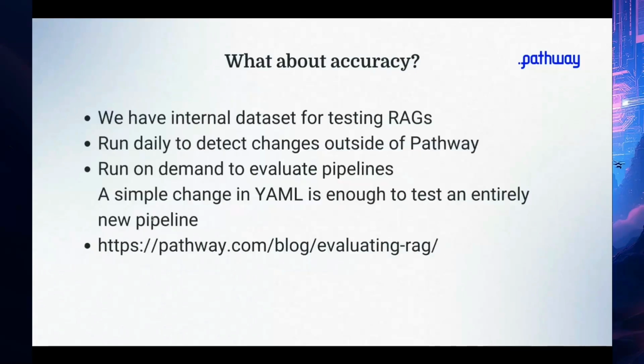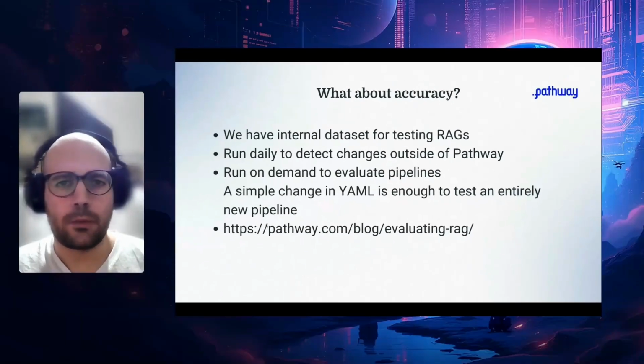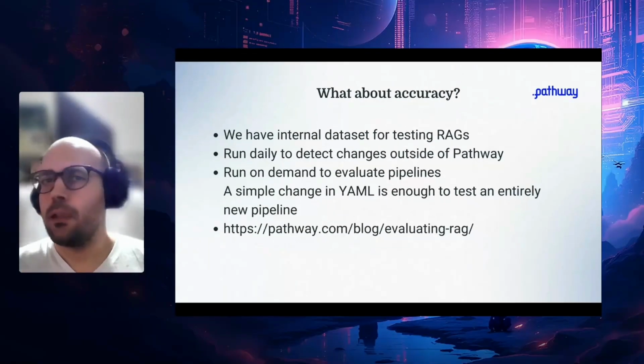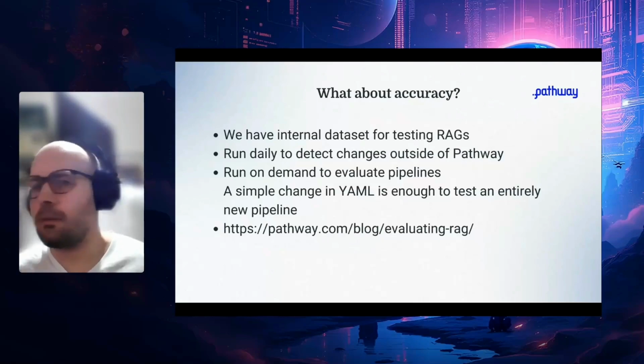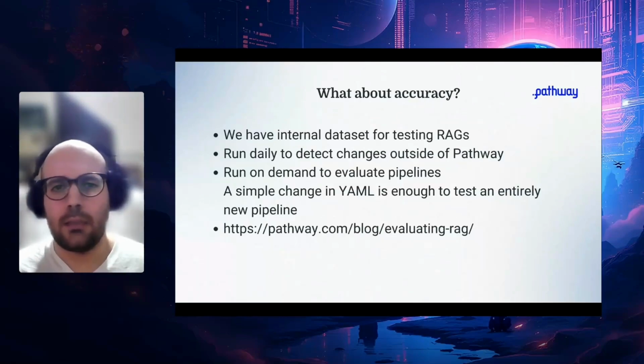The last thing I want to mention is accuracy. We have internally a data set for testing RAGs. And this approach, where we have YAML for defining the pipelines, allows us to quickly define a new pipeline with just a YAML and test it against the data set. And if we have everything in MLflow, the YAML is also uploaded there.